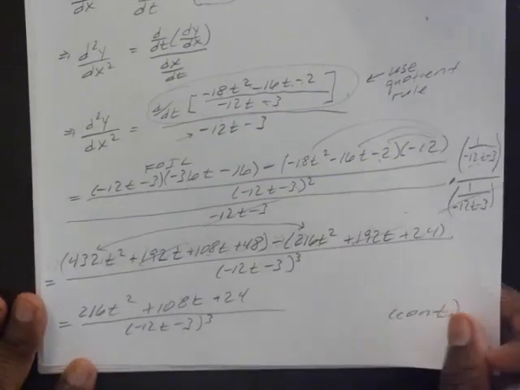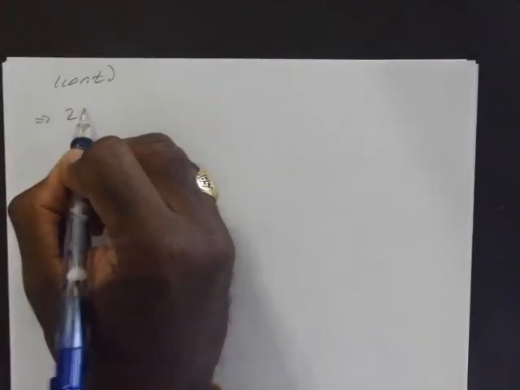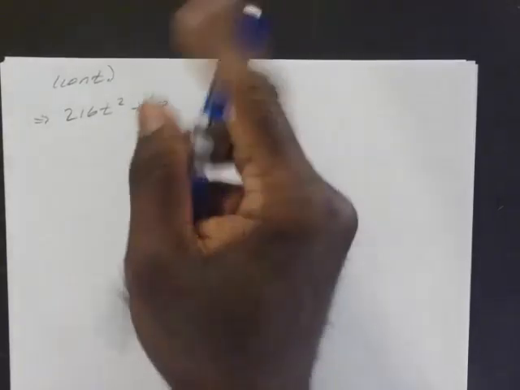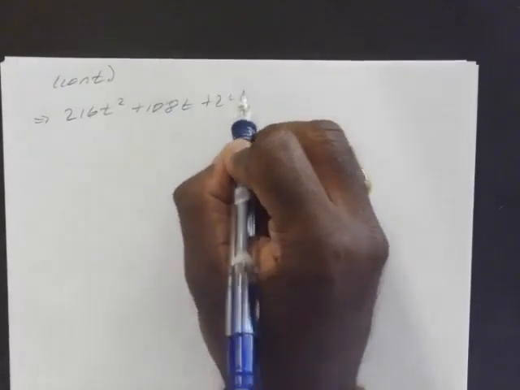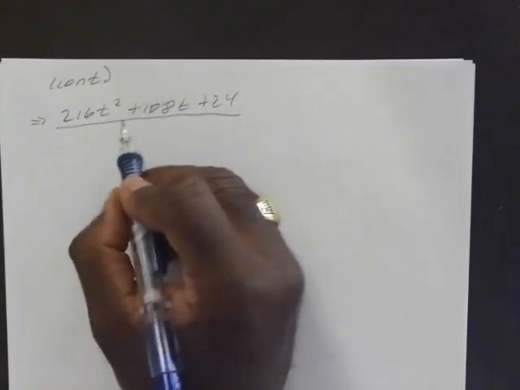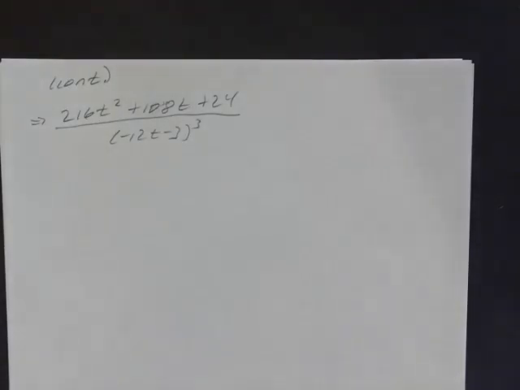All right. And let me just write down where I left off. So we have 216t squared plus 108t plus 24 divided by negative 12t minus 3 to the third power.